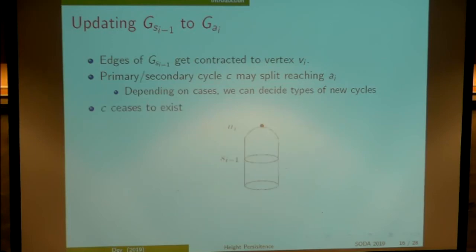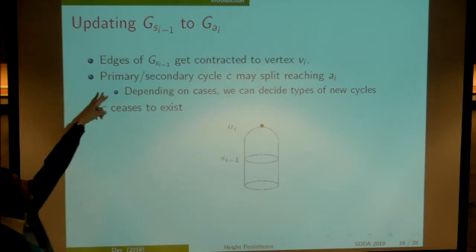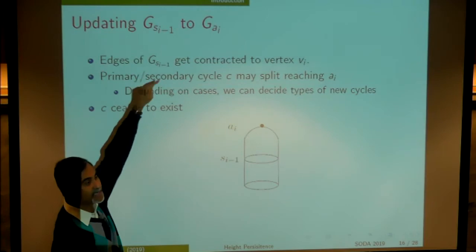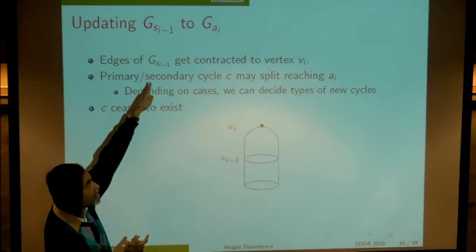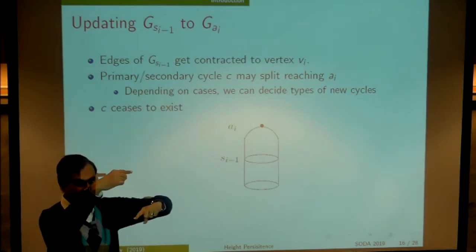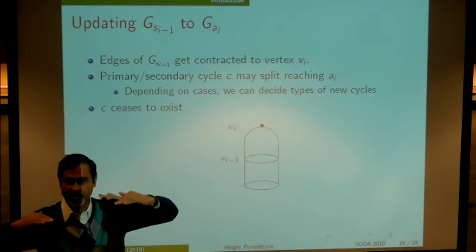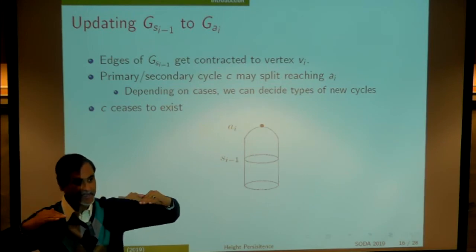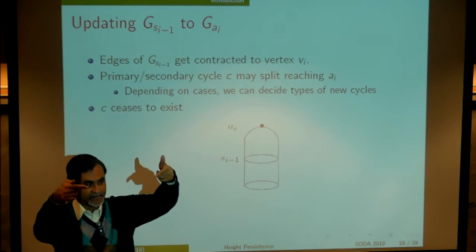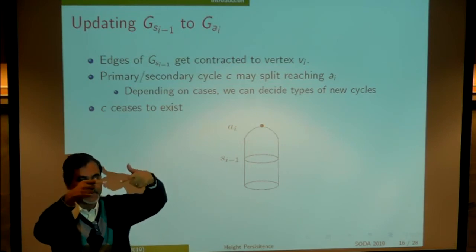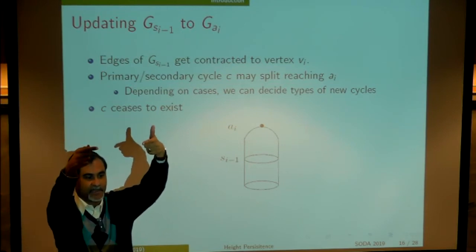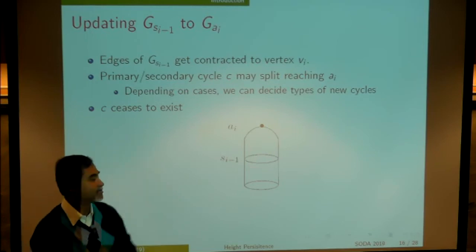Okay, so let me just tell you what can happen when I go from an interval set S_{i-1} to the next vertex. So S_{i-1} is an intermediate level. Then I go to the next vertex level, and then from the vertex level to the next intermediate level. So what are the operations I do?